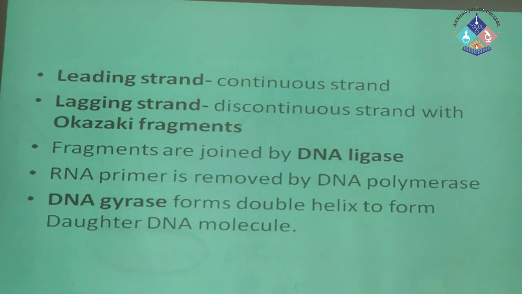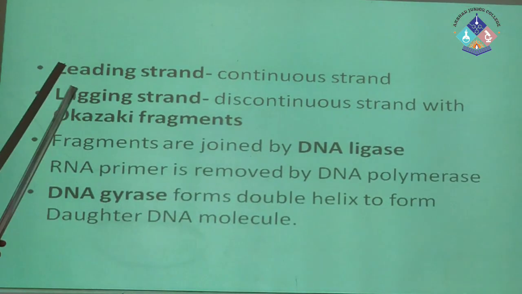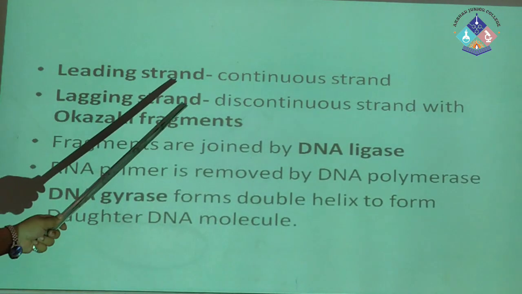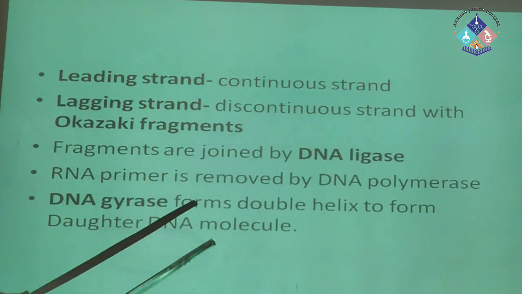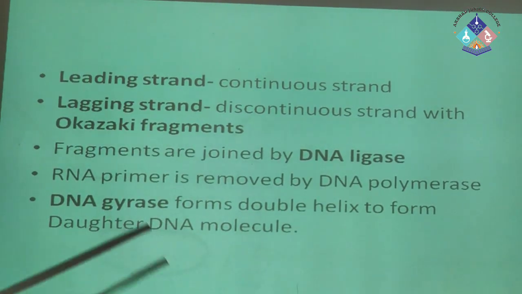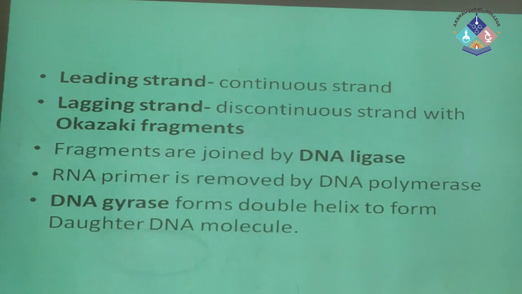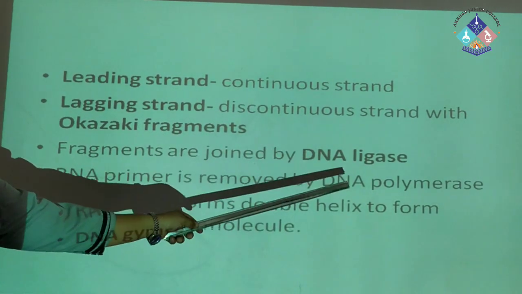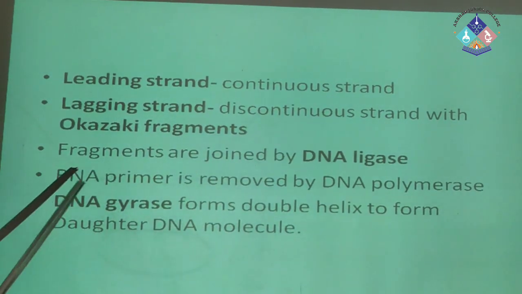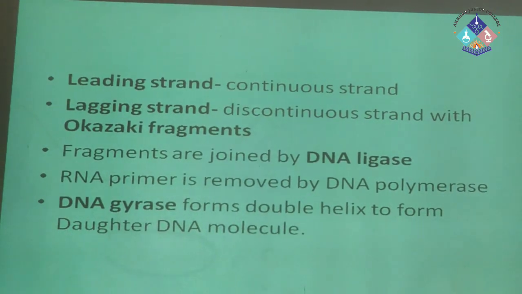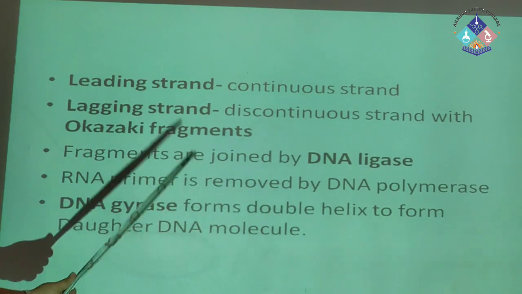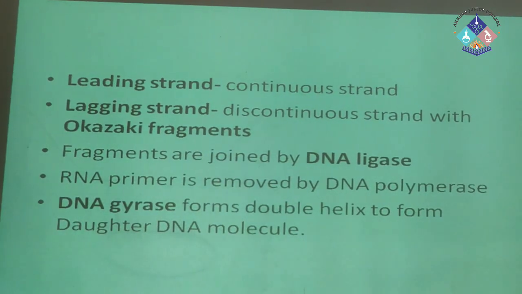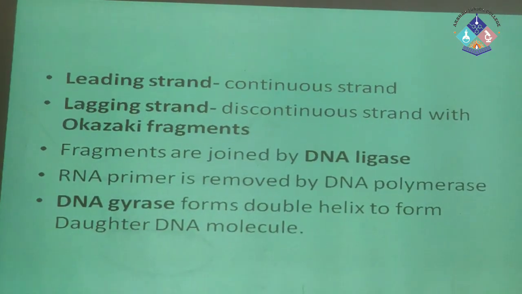Now see here, leading means the continuous strand, and lagging is the discontinuous strand with fragments, and these fragments are called Okazaki fragments. These fragments are joined again by the enzyme DNA ligase. Now, at the end of DNA replication, the RNA primer is removed by DNA polymerase 1 enzyme.